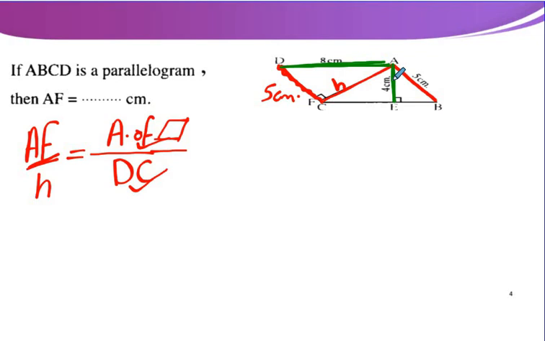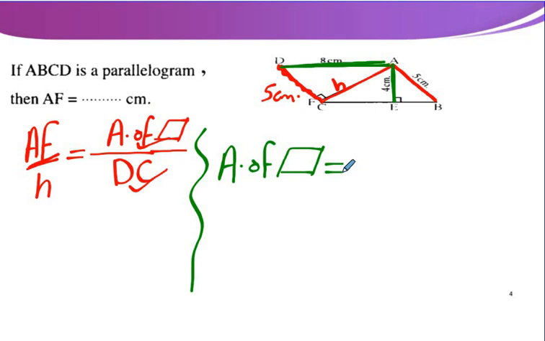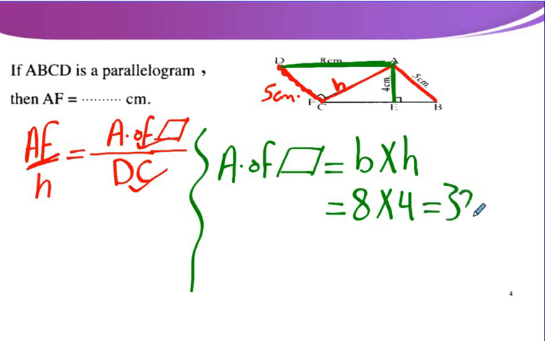So first, the area of the parallelogram equals base multiply height. The base here is AD, so it's 8, multiplied by its height AE, which is 4. So the area is 32 centimeters square.